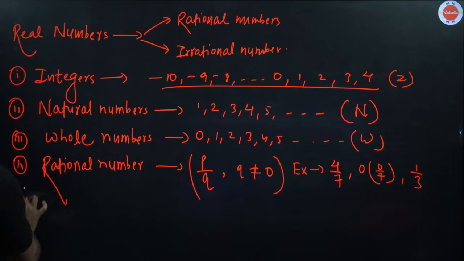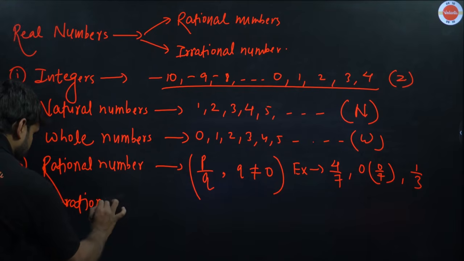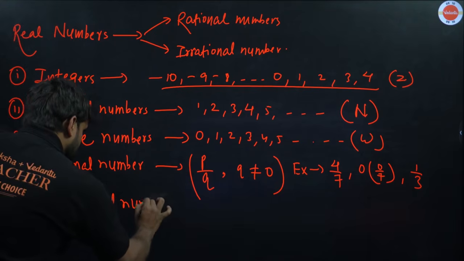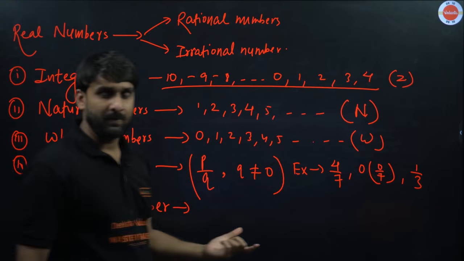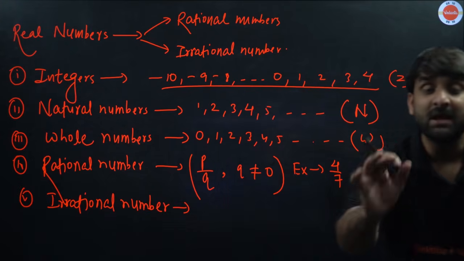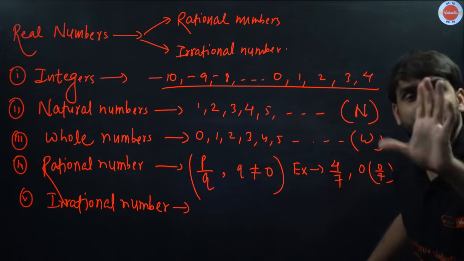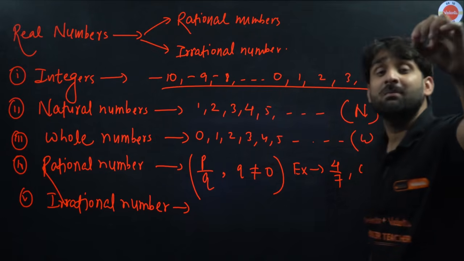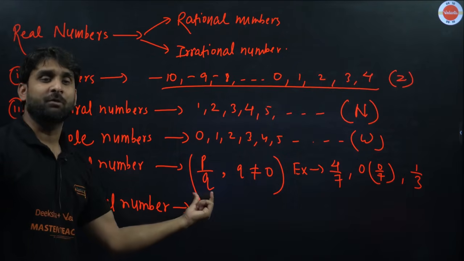Now, after rational numbers, the next number that comes up is the irrational number. An irrational number is just the opposite of a rational number. A rational number is what, my dear champion? The numbers that can be written in the form of p by q, where q should not be equal to 0. And the irrational numbers are all those numbers which cannot be written in the form of p by q.